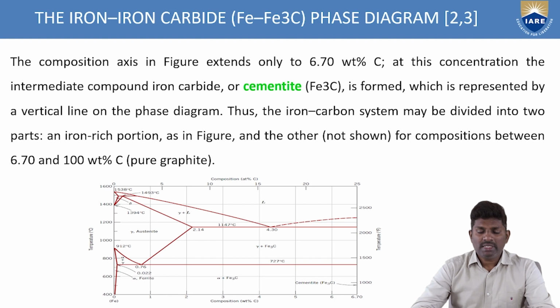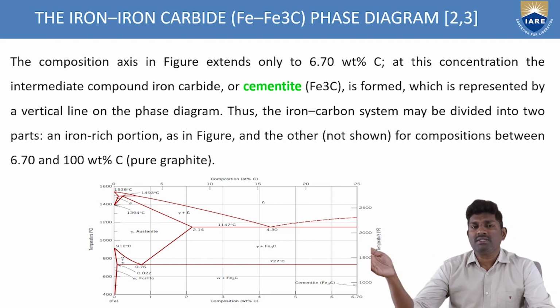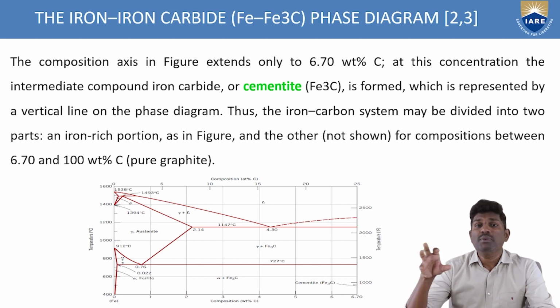Now coming to the next point, the composition axis in the figure extends only up to 6.708% of carbon. So this is very, very important. As we discussed, we are restricting this phase diagram up to 6.708% of carbon only. Why? Because if you go further, it will convert from carbon to a graphite rich percentage of carbon. If you increase the carbon content, this iron is converting into graphite.